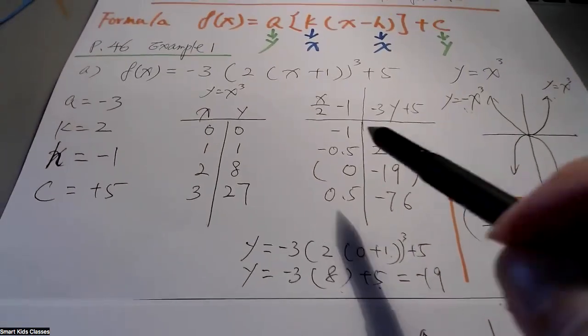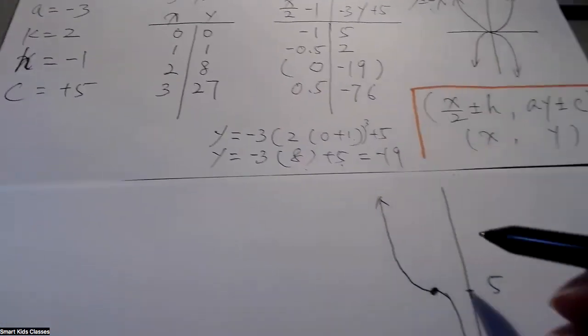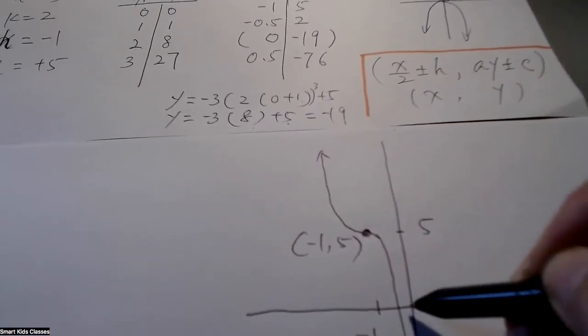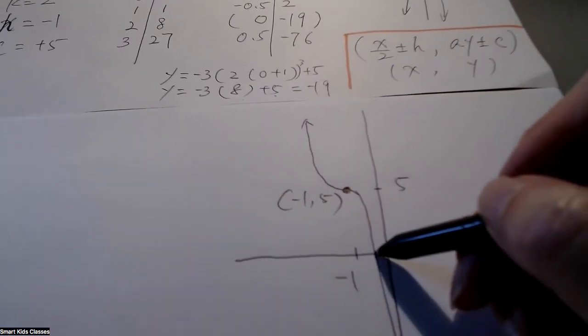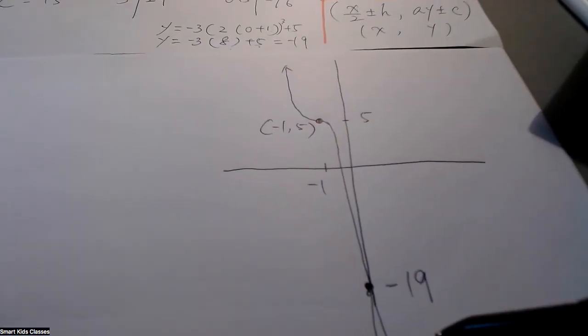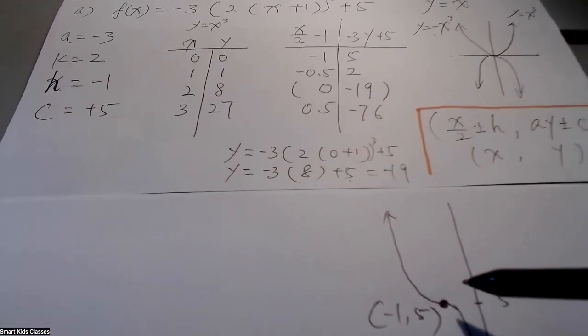Now, we plot this equation. The vertex is -1 and 5. So it's -1 and 5, the vertex is here. The y-intercept is -19 down here. That's how we plot this graph for the transformation.